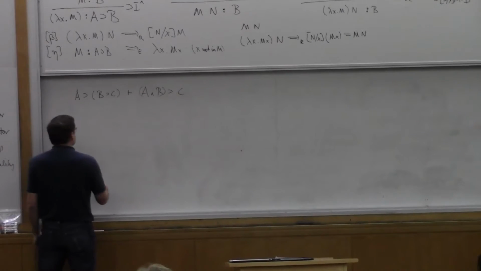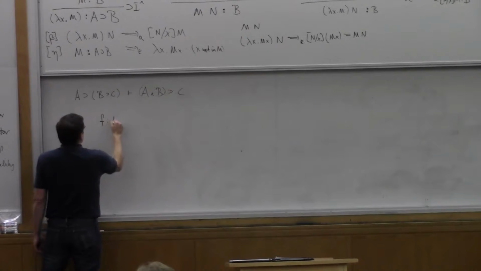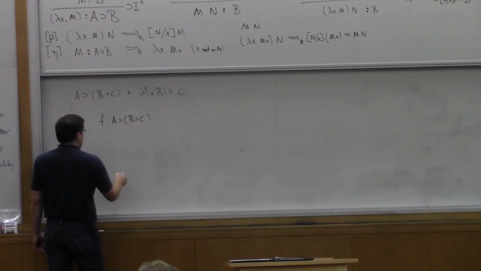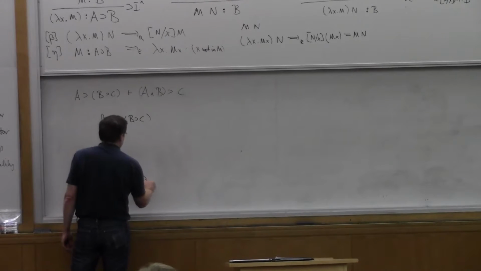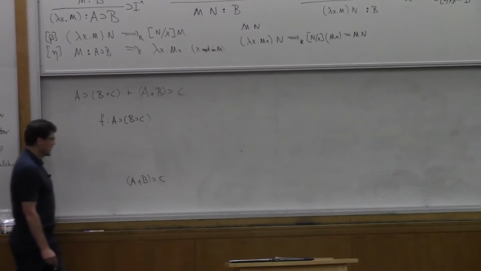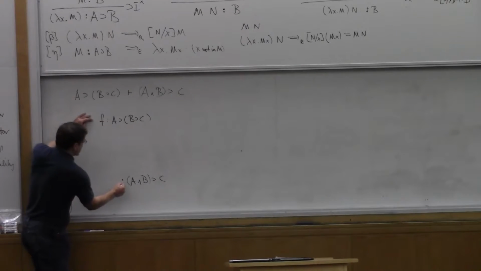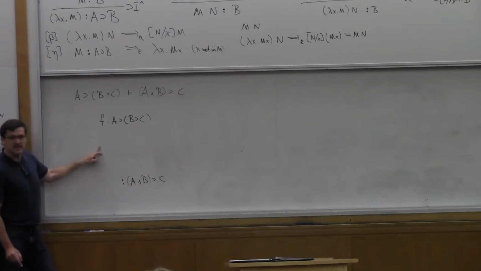Okay, so what we do is, we start up here with an assumption. Let's call it F: A implies B implies C. And I'm trying to prove down here that A and B implies C. And hopefully if I play my cards right, we should be able to prove that. There's going to be some proof term which I eventually fill in. Do we reason downwards here or upwards?